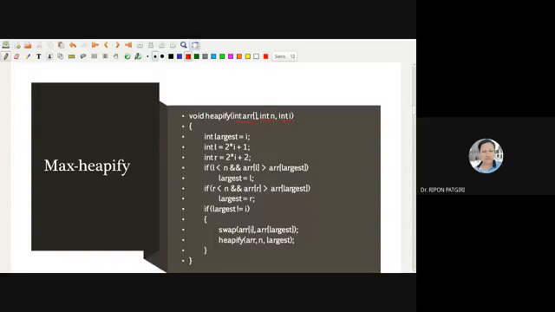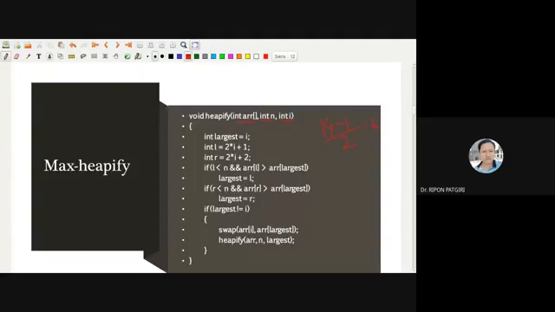So initially I will be the largest. If we remember correctly, the last index is 14, so 14 minus 1 divided by 2, sorry, equals 6.5, which becomes 6.